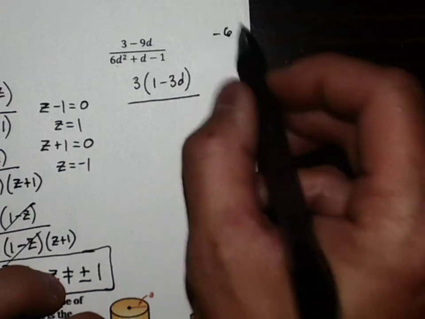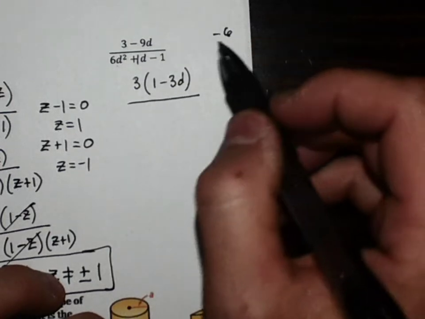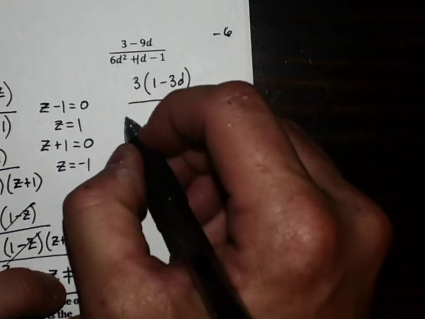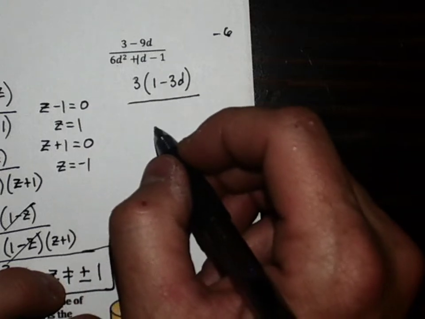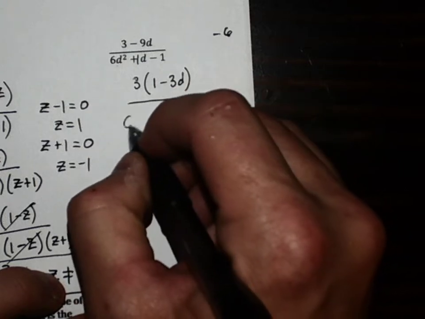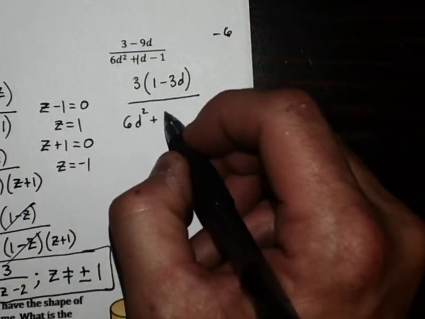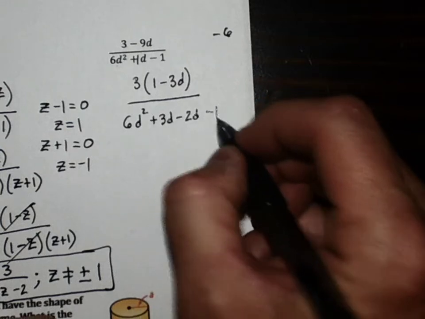What multiplies to negative 6, our target number, but adds to a positive 1? Positive 3 and negative 2. So I split the middle term. You take the 6d squared, and you split the middle term into positive 3d and negative 2d minus 1.